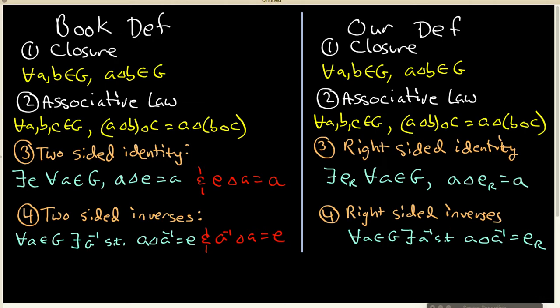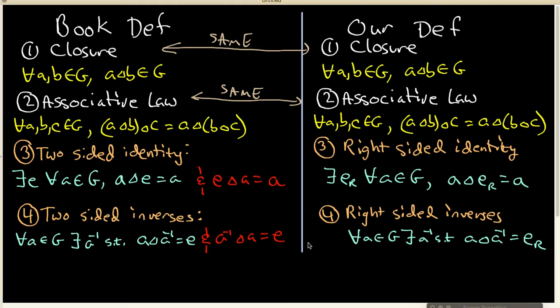What I want to notice, and I want to get yet another color, and let's see, I think this is a nice new color. I want to notice that the first two axioms are exactly the same. So there's nothing to look at there. Likewise, the second two axioms are exactly the same. So there's no problem there.